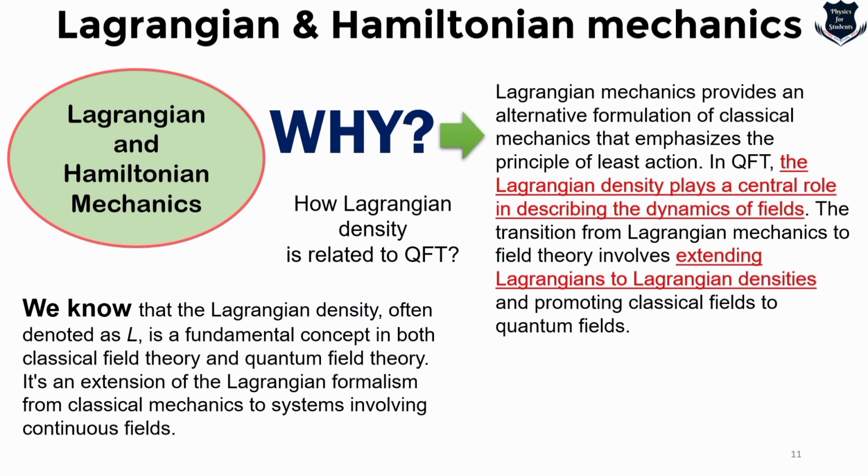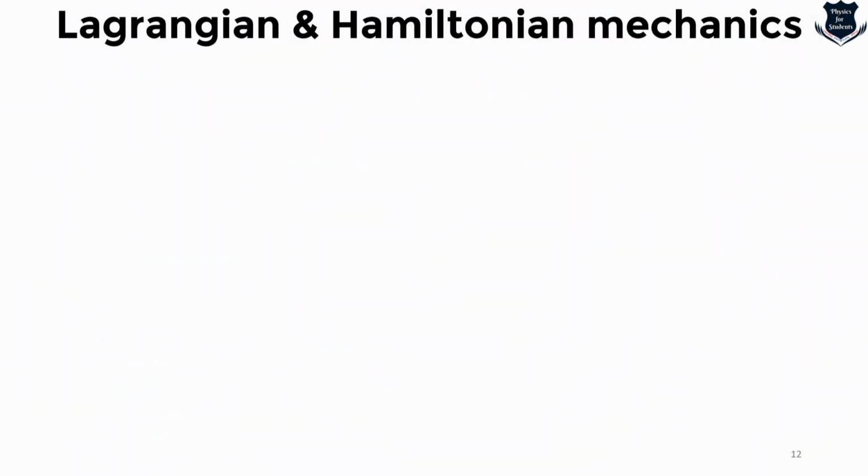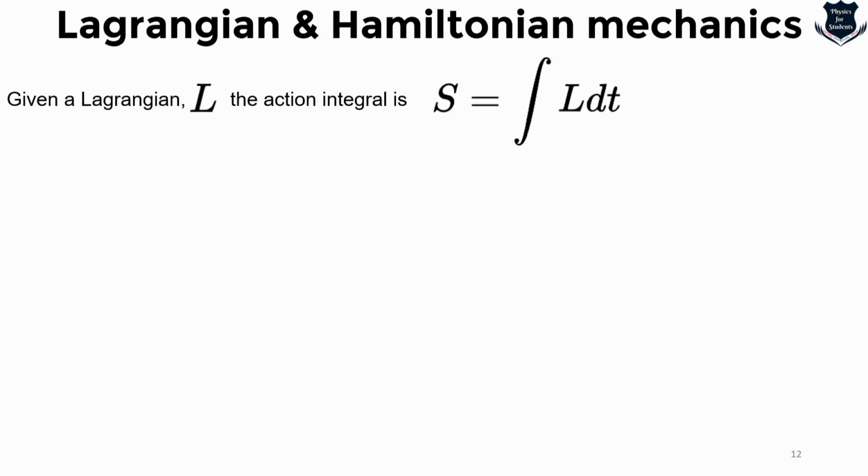Now we know that the Lagrangian density is denoted by this curly L, which is a fundamental concept in classical field theory and QFT. We know it is an extension of the Lagrangian formalism. If I take a given Lagrangian, say for example L, we can calculate the action integral by taking the integral of the Lagrangian followed by dt.